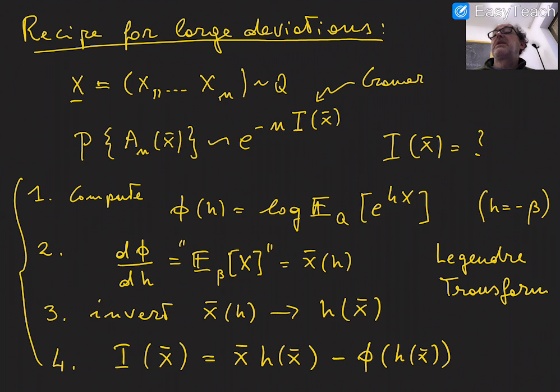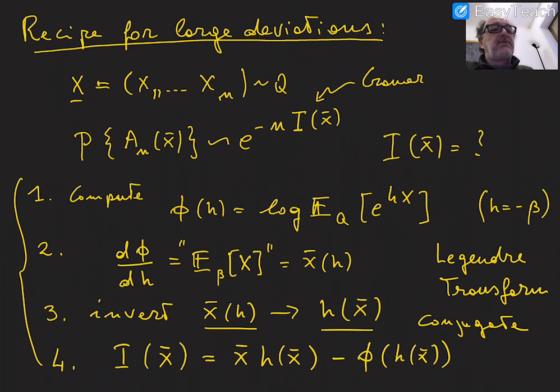Okay, so the reason why you get the Legendre transform is not at all a coincidence, as we will see. And so let me remind you of a few facts about the Legendre transform. In the Legendre transform, these two variables here are called conjugate variables.